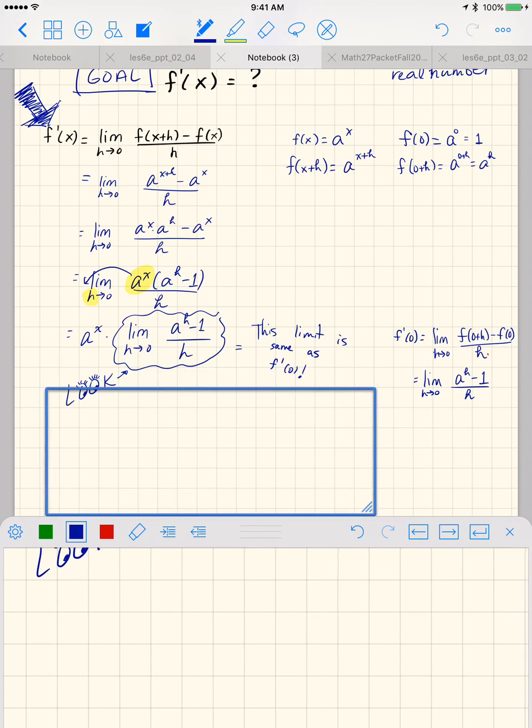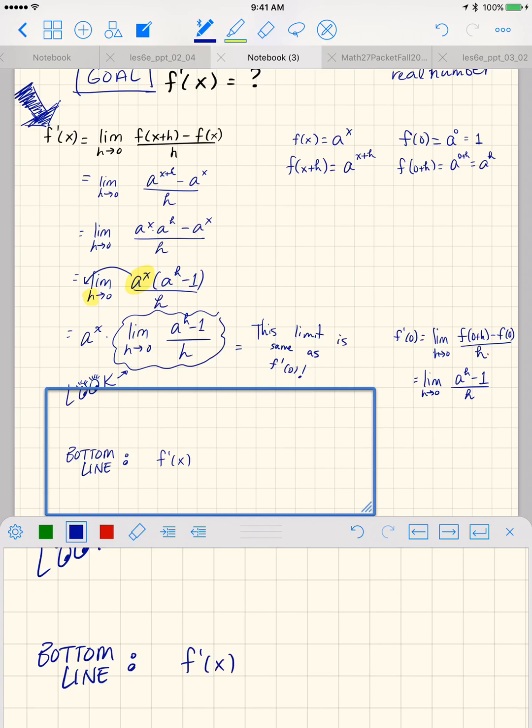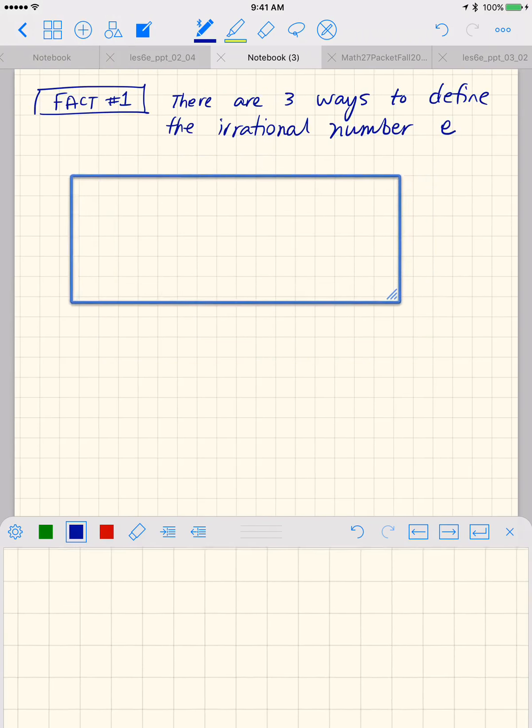So the bottom line is that f prime of x is going to be equal to f prime of 0 times a to the x.